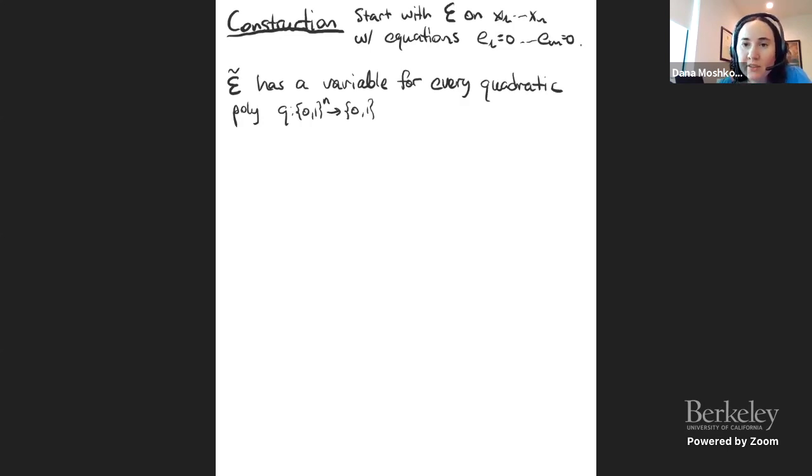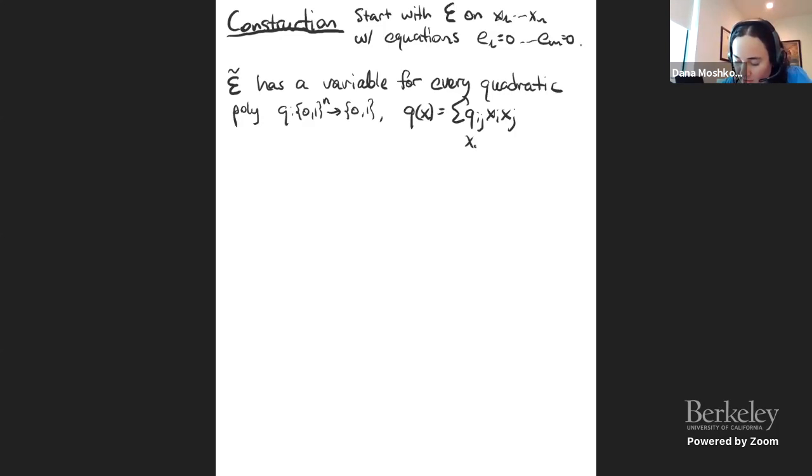Okay, so here quadratic means degree at most 2. So it can be linear, constants are not very interesting, but okay, so every quadratic polynomial, and let me just say, a quadratic polynomial is given by these coefficients, right? So Q(x) equals the sum of some Q_ij x_i x_j, and it's possible.